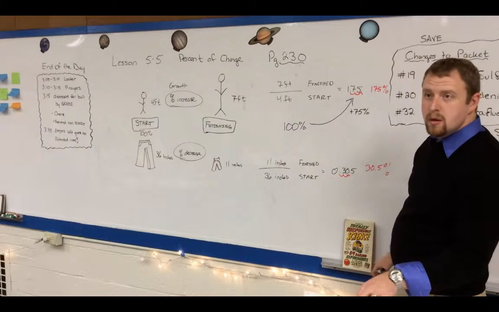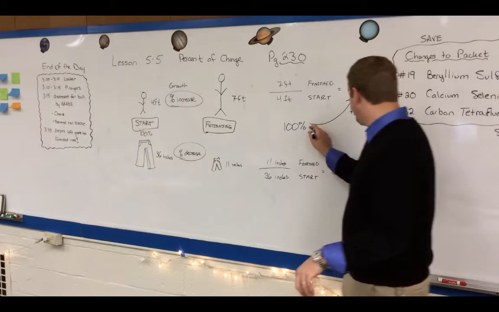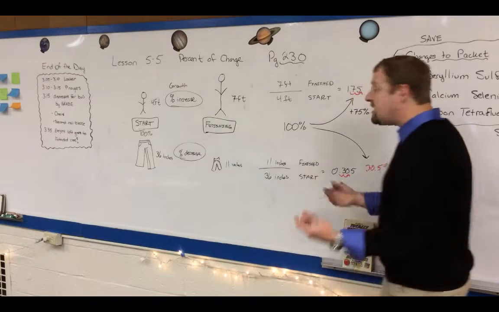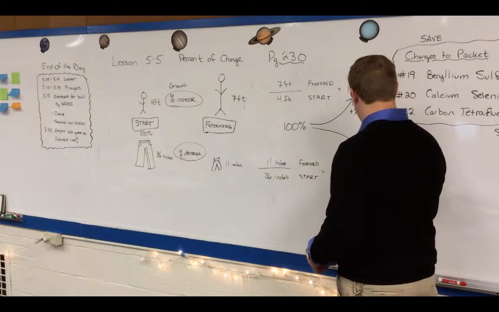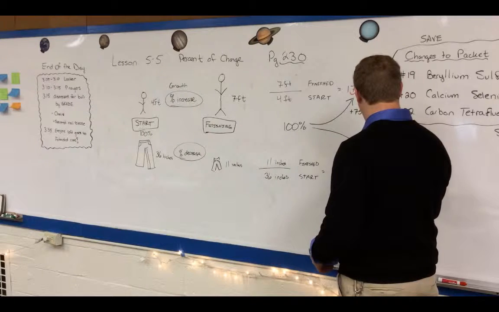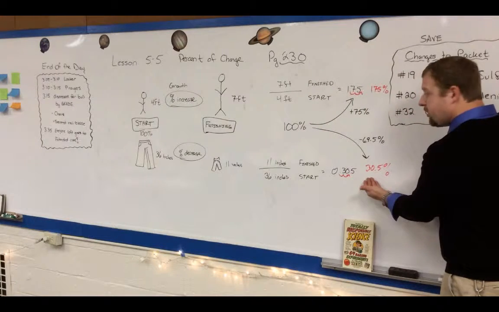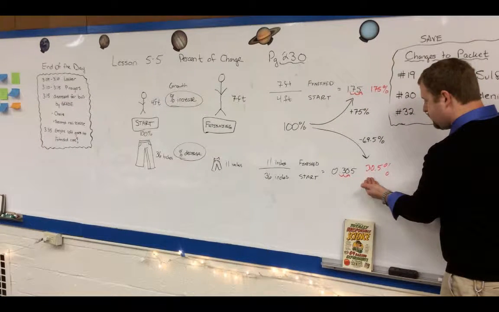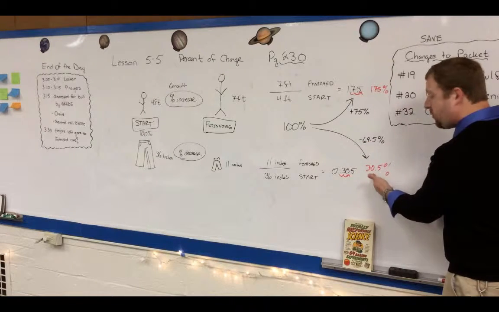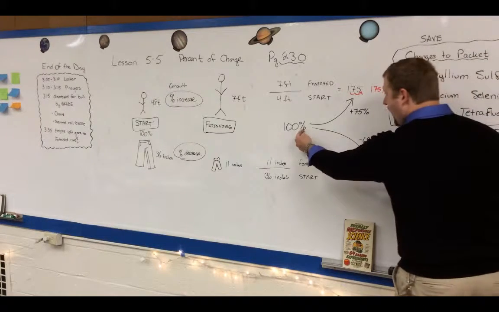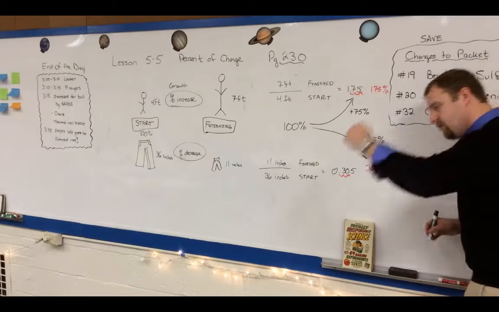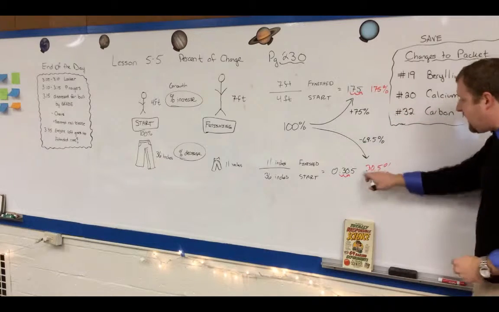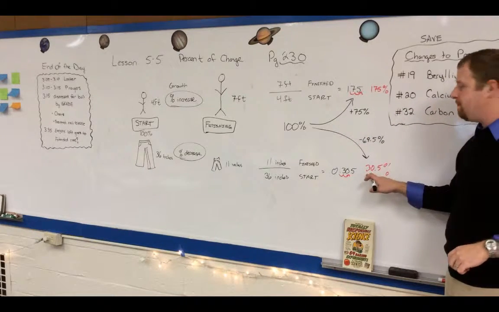We saw a decrease of 69.5%. It went from 100 to 30.5. If I add 69.5 and 30.5, I get 100. I dropped 69.5% to get to 30.5%.